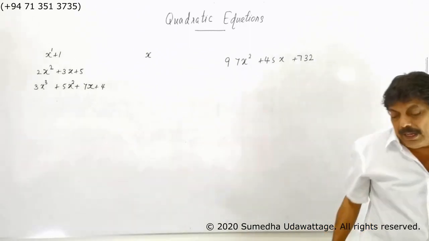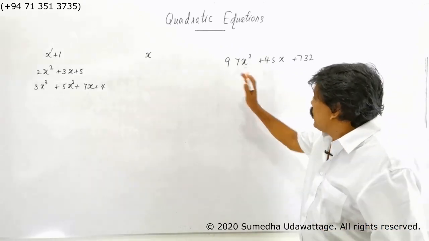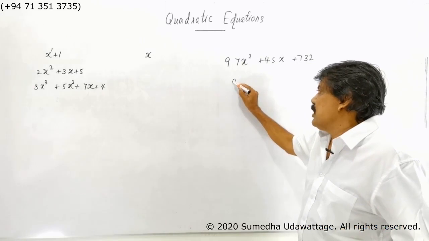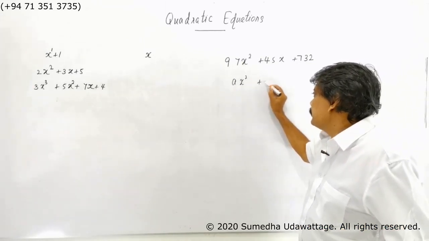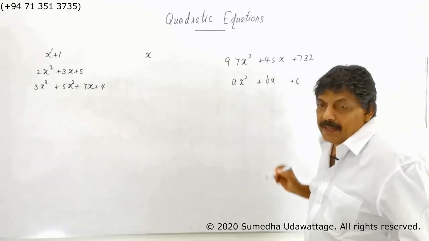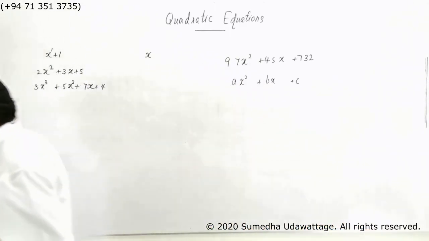Now, we want to consider a way to express this generally. We use the English simple letters ax square plus bx plus c.